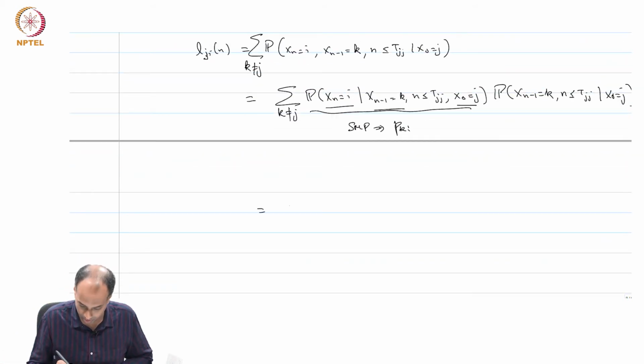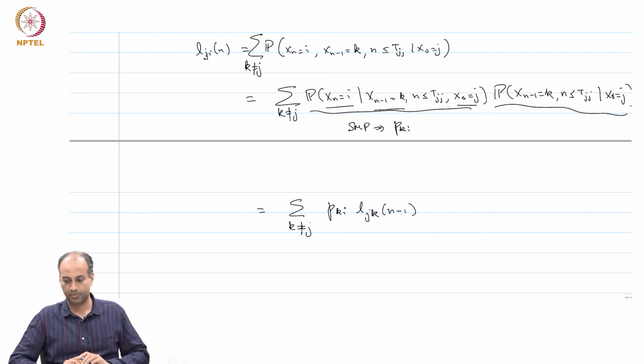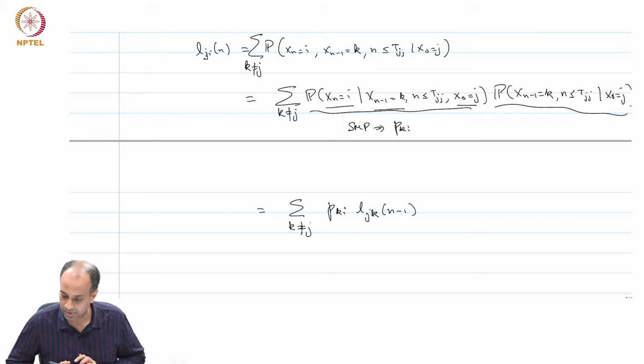So, this will be equal to the sum over k not equal to j of p_ki, and now what is that? That will just turn out to be L_jk of n minus 1. So, the probability that I find myself in k at time n minus 1.